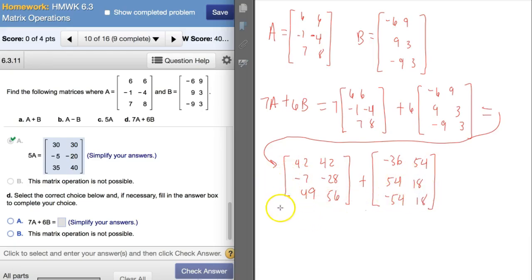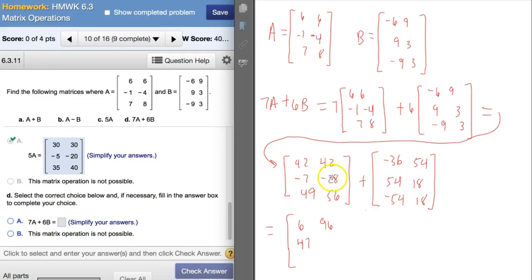And so now from here, we just go ahead and add together. So if we take 42 plus a negative 36, that's going to give us 6. And 42 plus 54 there should be 96. Negative 7 plus 54, that should give us a positive 47.